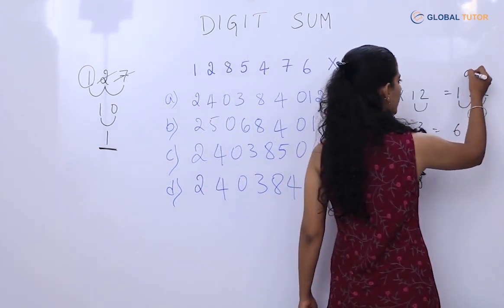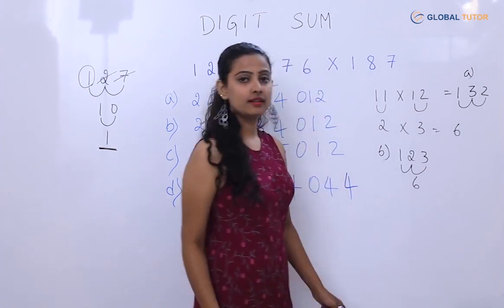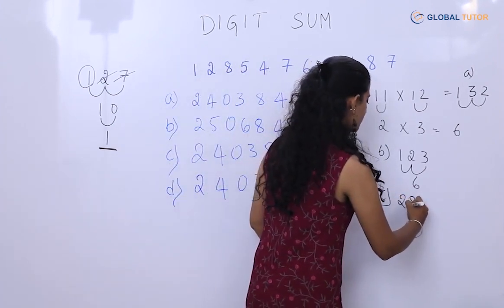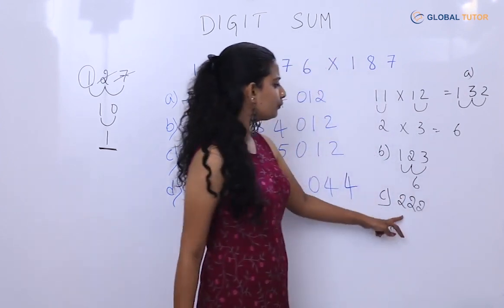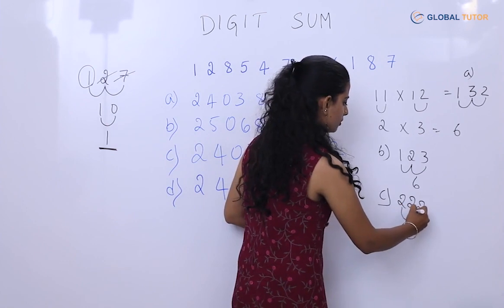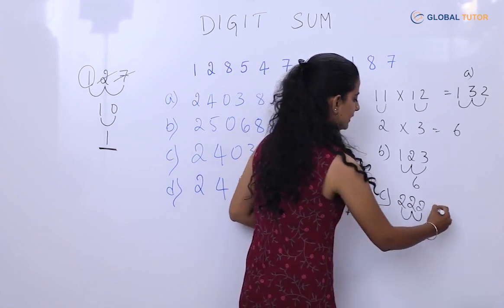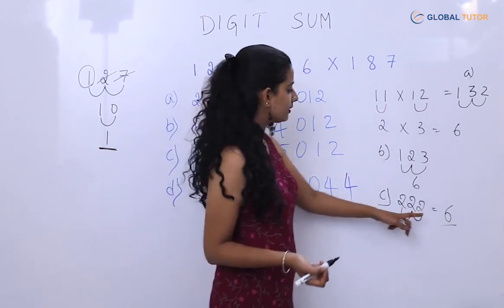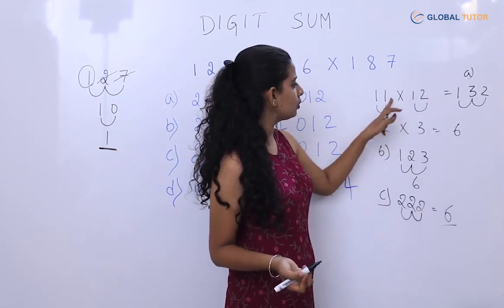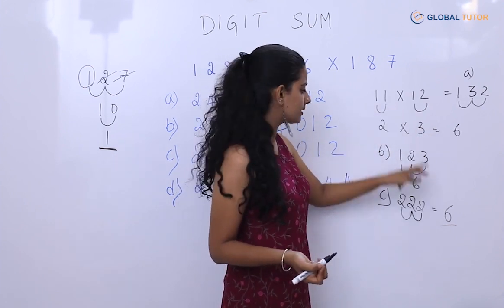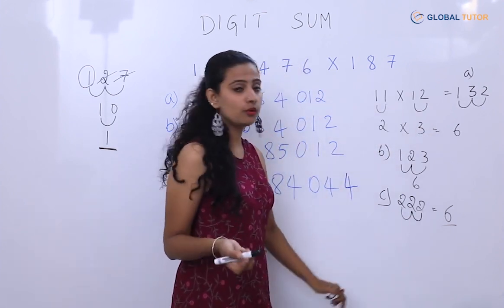Now you had option A, you checked option B. Imagine you had another option C which said 222. Here if you apply the digit sum rule, 2 plus 2 is 4, 4 plus 2 is 6. Will this be the correct answer? You don't know. Then you can also see 2 into 1, the multiplication of the unit digits, is also 2. What would you do?